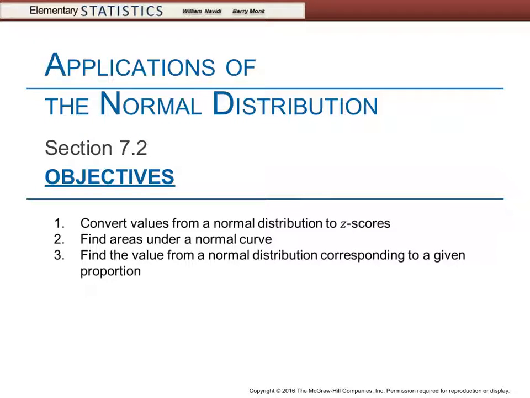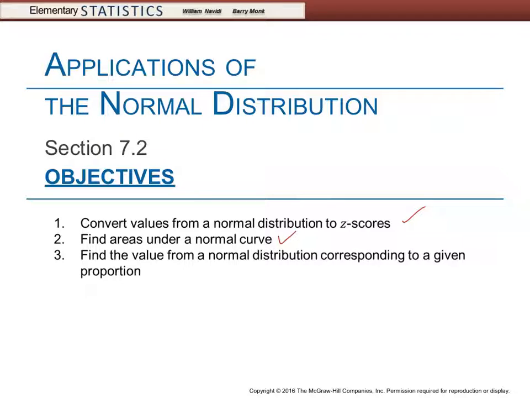So in chapter 7.2, we're actually going to calculate probabilities using the z-score transformation. Our objectives are to convert the values from a normal distribution to z-scores, and then using the z-scores, find areas for problems under the normal curve.